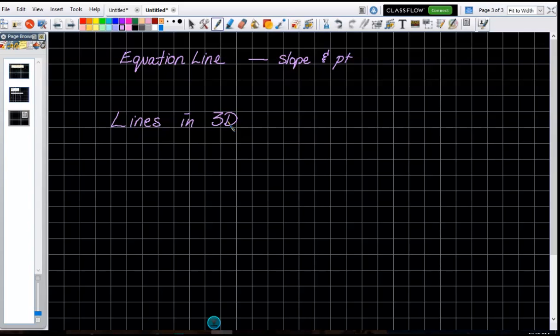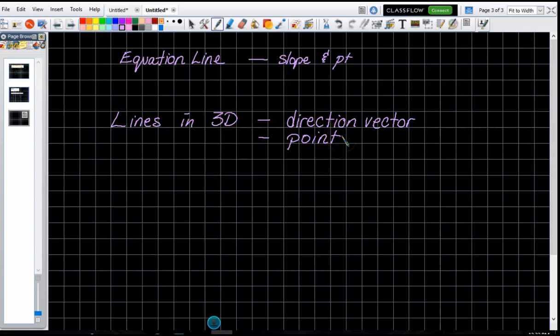And how do we get direction? Rhymes with pector. Right, because the vector has magnitude and direction. So the vector is going to give me the direction, and then we still will need a point. Right, so for lines in 3D, we need what we call the direction vector, which is just the vector, and a point. You don't have to write this down really, you'll see in a minute.